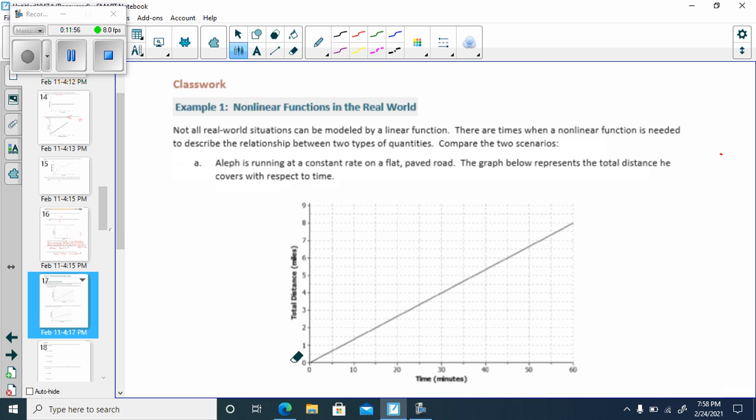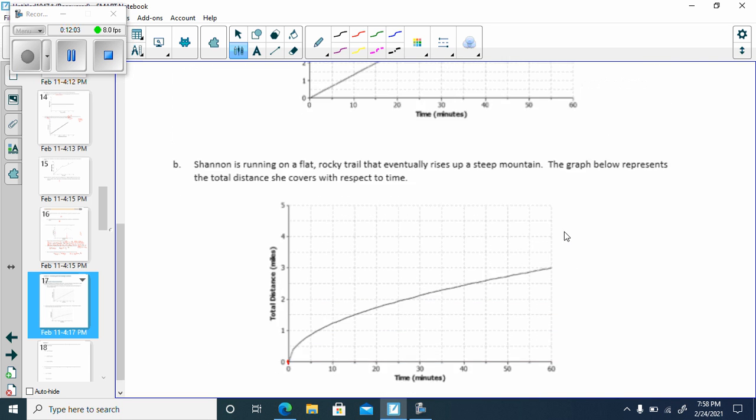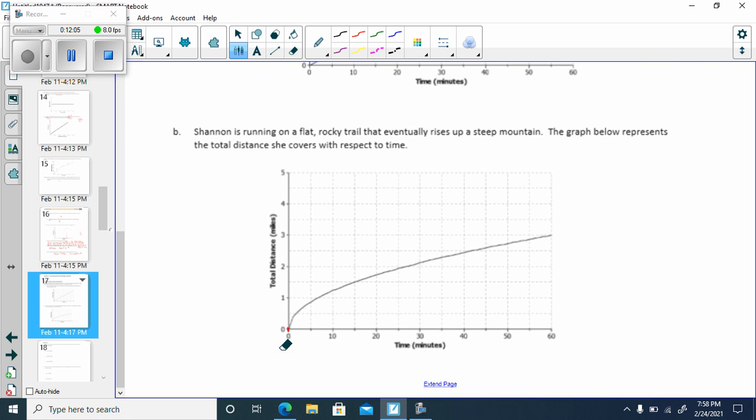So the distance that he travels over time is the same as he runs, right? This one says Shannon is running on a flat rocky trail that eventually rises up a steep mountain. The graph below shows the total distance she covers with respect to time. So she's moving faster earlier, and then she slows down as she goes up the mountain, right? This is a nonlinear function, although it is increasing.